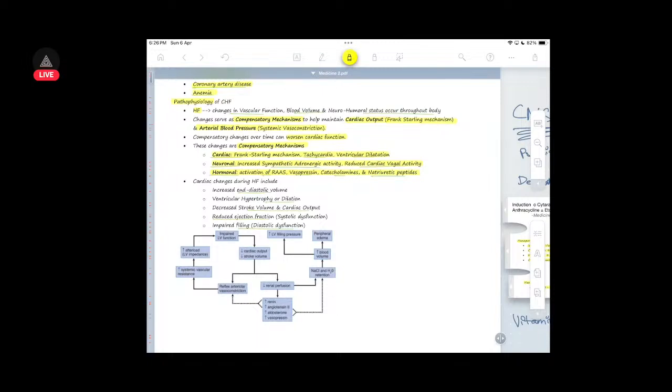So cardiac changes during heart failure include increased end diastolic volume, ventricular hypertrophy or dilation, decreased stroke volume and cardiac output, and reduced ejection fraction, which is systolic dysfunction. Impaired filling, which is ventricular dilation, is diastolic dysfunction.